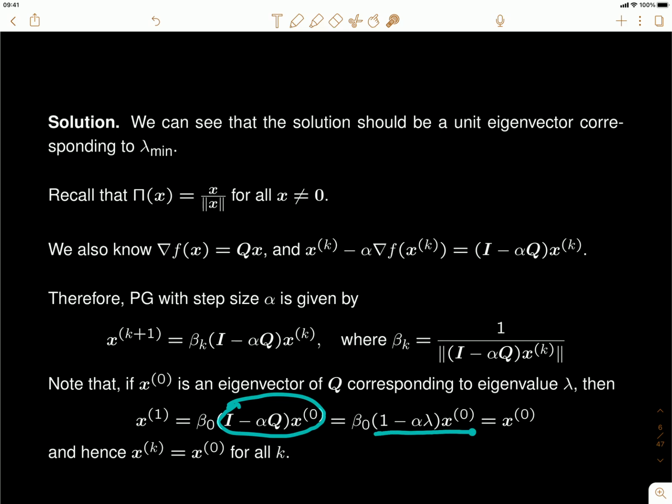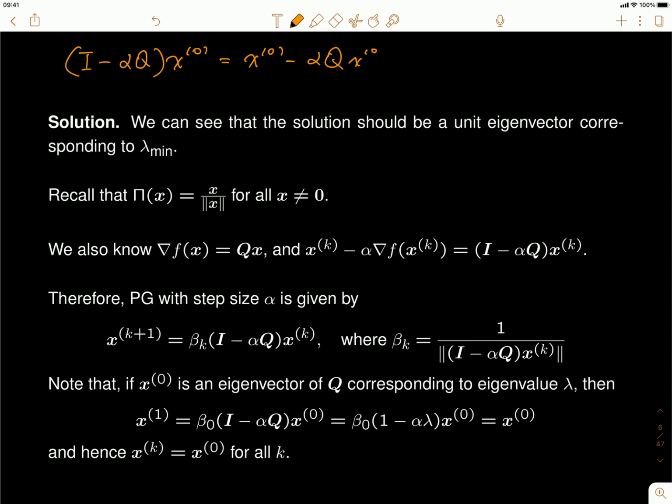That's because (I minus alpha Q) x0 is equal to x0 minus alpha Q x0, which is x0 minus alpha lambda x0. So I combine the coefficients and I just get that. And then we know this is just x0.